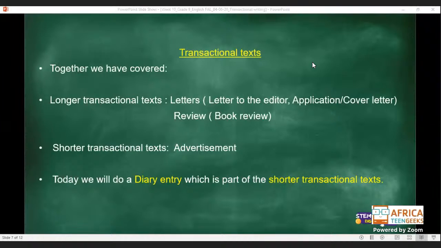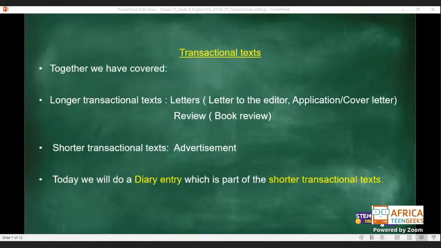So I want you to complete the sentence for me. Diary entries are, and then you can fill in the sentence. Diary entries are?